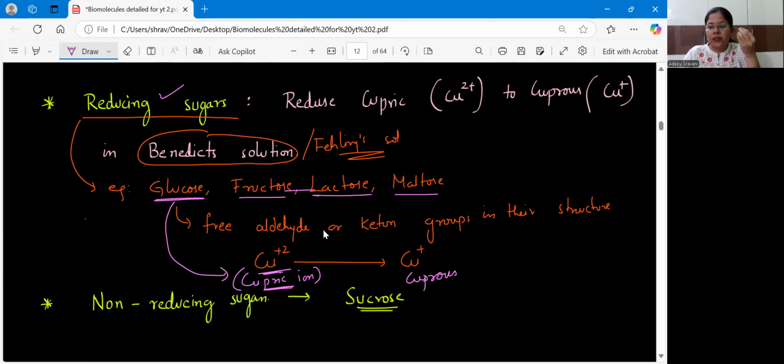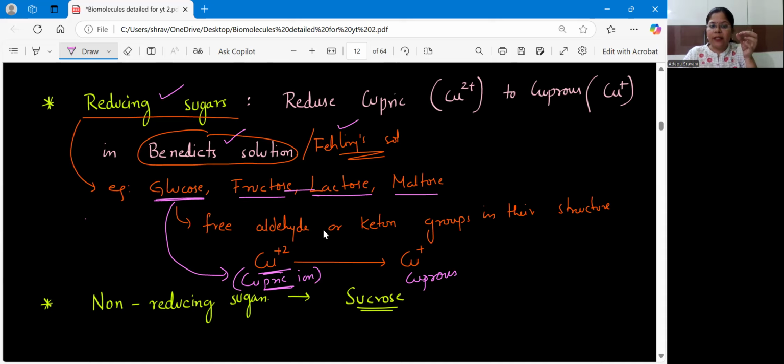So where do you use this term reducing and non-reducing, or when do you use Benedict's and Fehling's is whenever we do the sugar test, that is the blood glucose levels or the urine test to detect the sugars in our body. We use the Benedict solution or the Fehling's solution in that test to detect the blood sugar levels or the urine sugar levels.